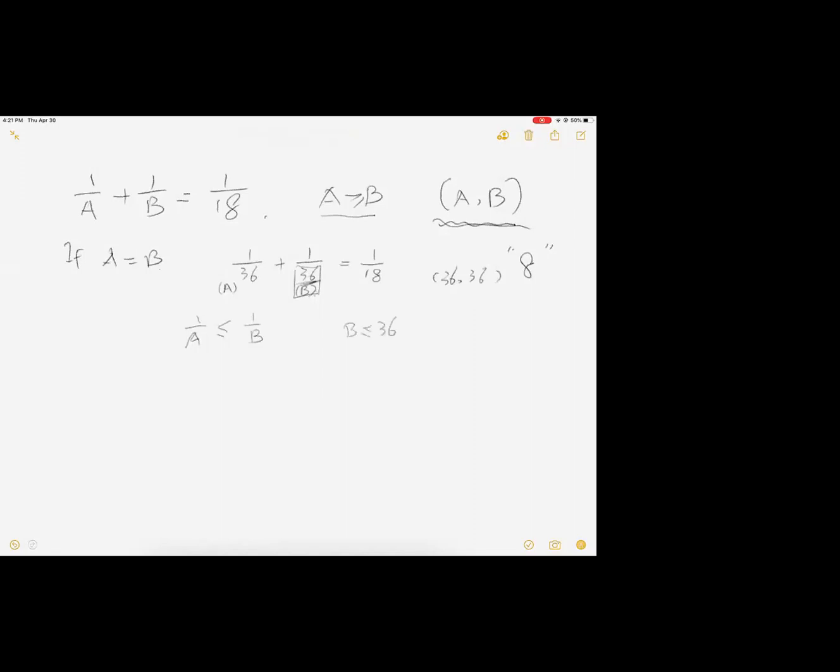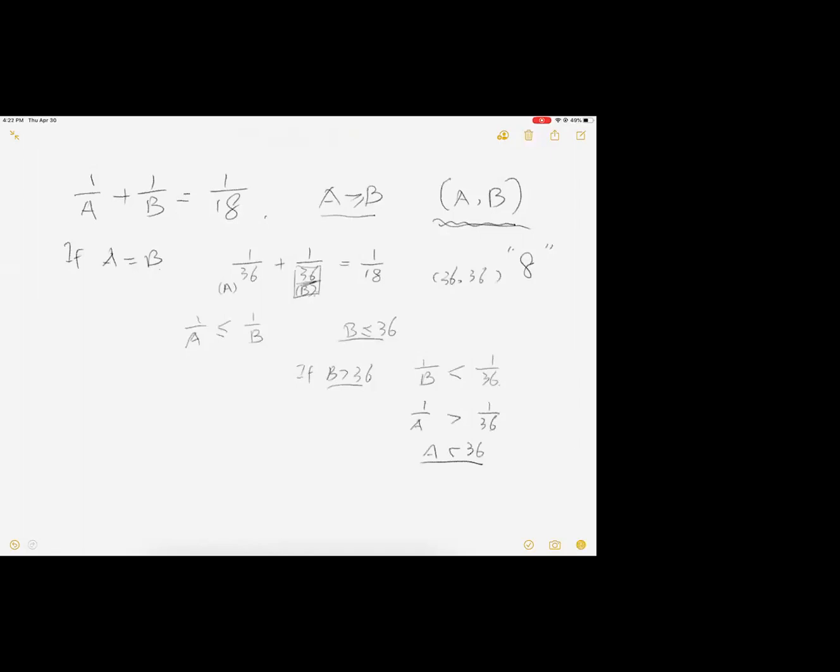Think about it. If B is greater than 36, then 1 over B will be less than 1 over 36, so that means 1 over A will be greater than 1 over 36. Then A will be less than 36. So that contradicts A greater than or equal to B, right?